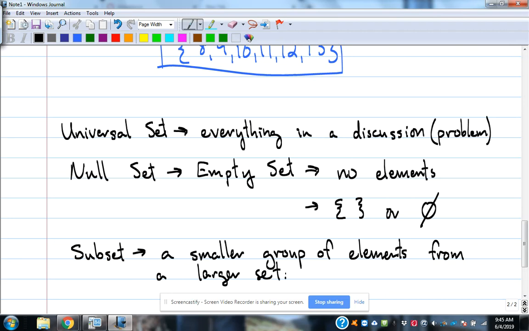Okay? So that larger set may be the universal set. It may be just a larger set that they're defining for you. They're just telling you, hey, I've got the numbers 1 through 20 here. That's the bigger set. And the subset might be the even ones. That might be a subset of that. So that's a good example of subsets.